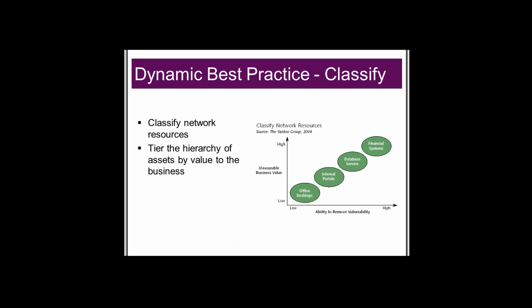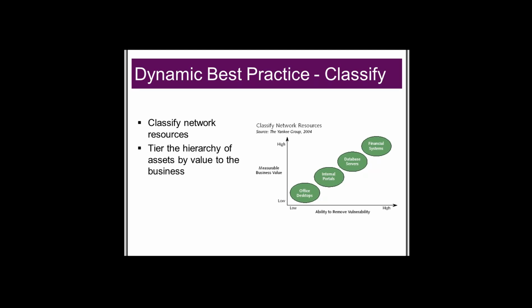So by understanding and classifying our assets into categories, it allows our IT folks and our security folks to apply the policies more efficiently to our systems and to our enterprise. If our organization is time or resource constrained, like most of us are, doing it this way is going to enable the security team to focus on patching the most critical assets first, and that's what we want to do. So we want to classify network resources, first of all.